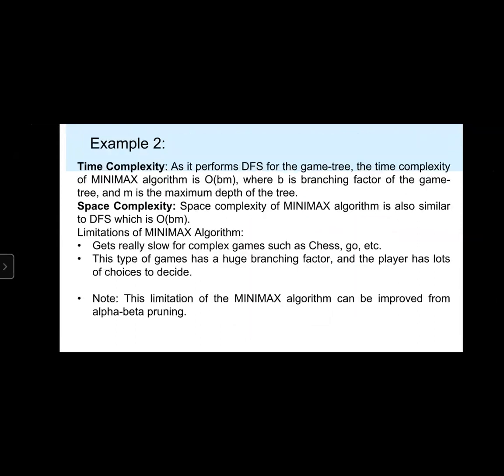And next, example 2: the time complexity. What is time complexity? As it performs depth first search for the game tree, the time complexity of the min-max algorithm is order of b^m, where b is the branching factor of the game tree and m is the maximum depth of the tree.